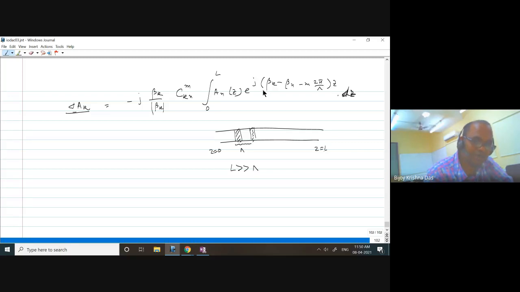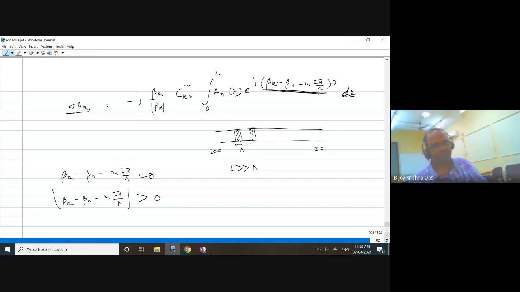First of all, you just think about this one. Okay, this is some value. You can match this one, beta k minus beta n minus m 2 pi by lambda, that can be equal to 0, or beta k minus beta n minus m 2 pi by lambda that is greater than 0. What will happen to this integral? What will happen here and what will happen here?